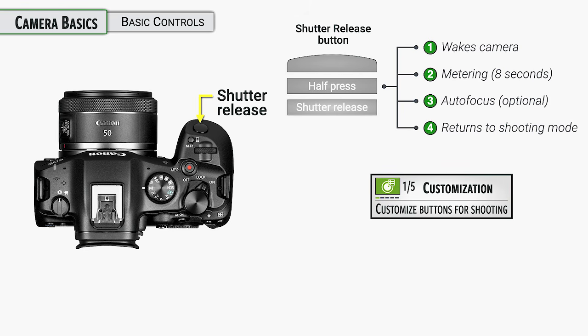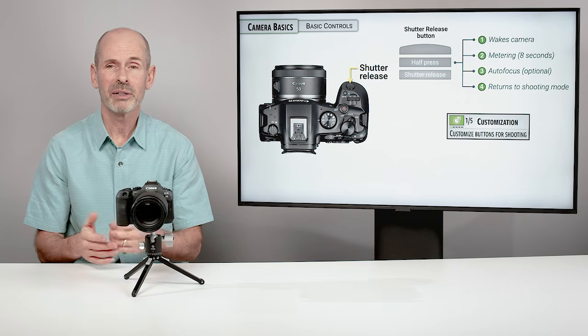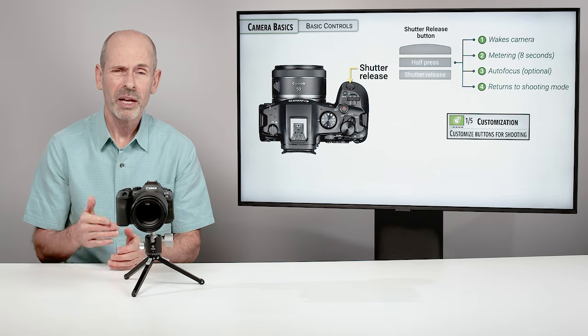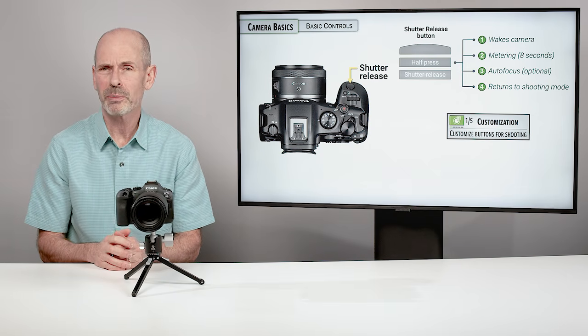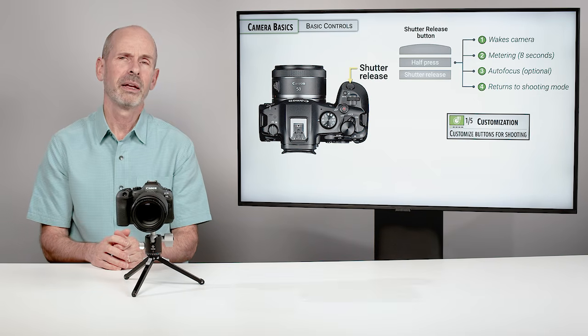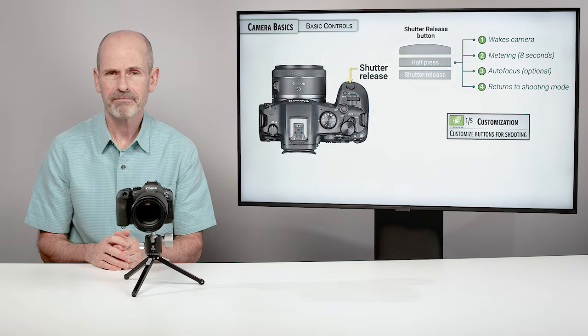If you do want to go in and customize that button a little bit, you can go into the customization feature of the camera, and this is going to be one of the buttons that you can customize, and you can take off the autofocus that is attributed to it. There's a few other options as well, and we'll talk more about that as we get deeper into the class.